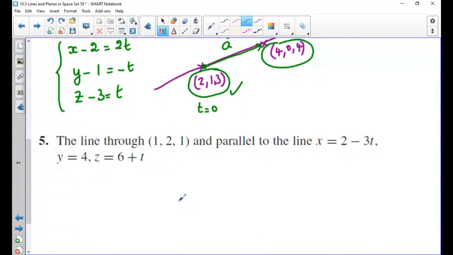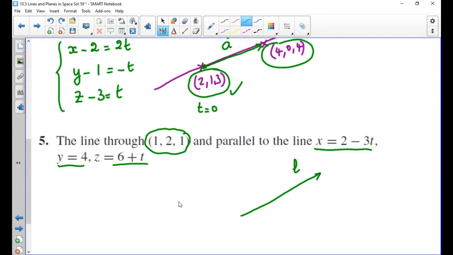Okay, now, this time we have a point, 1, 2, 1, and this line is parallel to this one. So our line, L, is parallel to this line. What is missing here, by the way? If I want the equation of this line, the point is there.